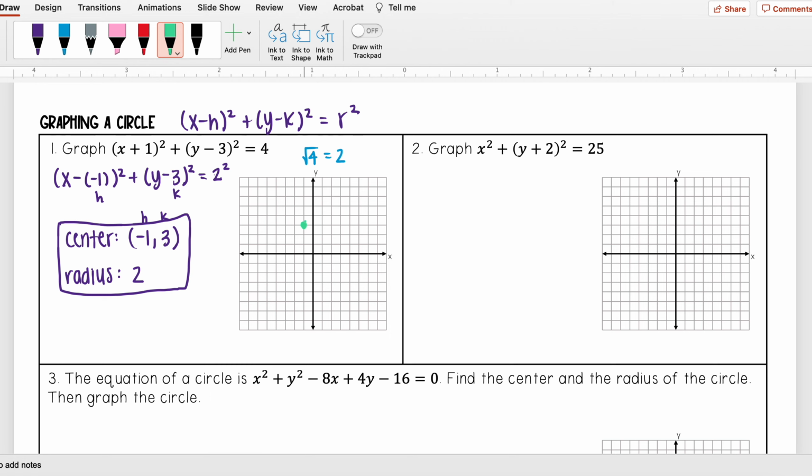So I'm going to go from my center and count 2 up, down, left, and right, and draw points. I'm going to go 2 to the right, 2 above, 2 to the left, and 2 below. Then I'm going to use those points to guide my circle drawing.